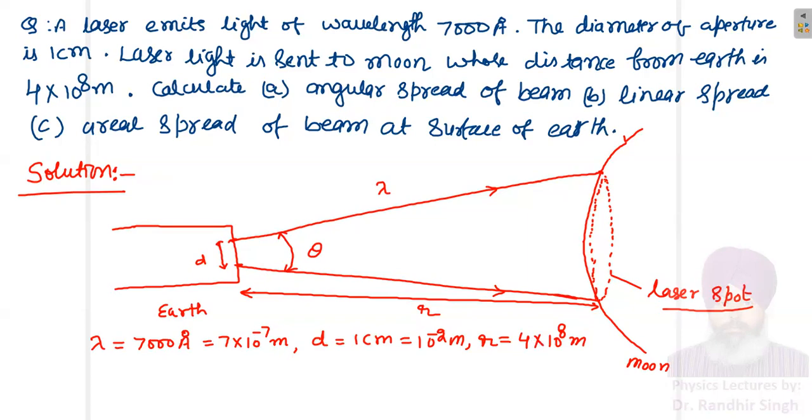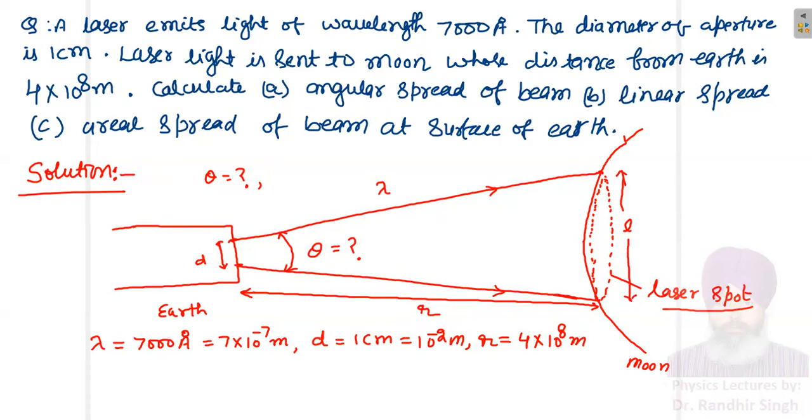So we are asked, firstly, what is the angular divergence? We have to find this theta. Second, we are to find the linear divergence, that is the approximate diameter.